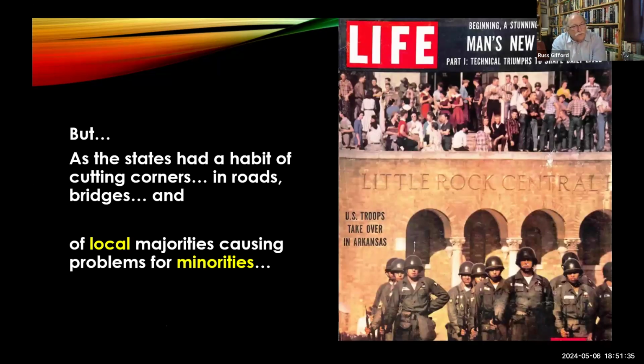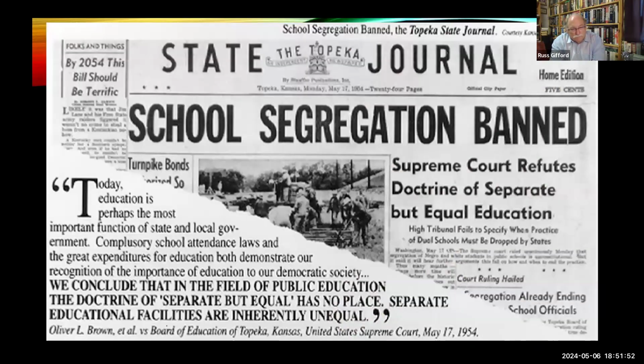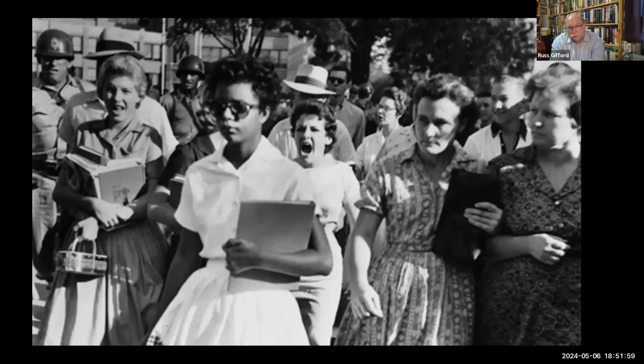And most of us are old enough to remember this one, when it was finally recognized that separate is not equal, and the states would not allow black children into white schools, even though the Supreme Court had said that they were overturning the doctrine of separate but equal. We saw local majorities trying to terrorize and intimidate local minorities.